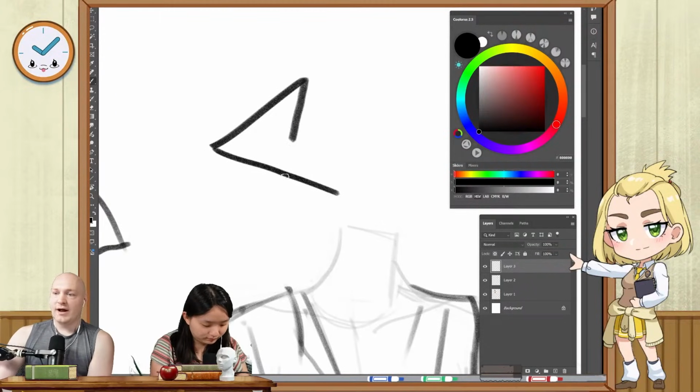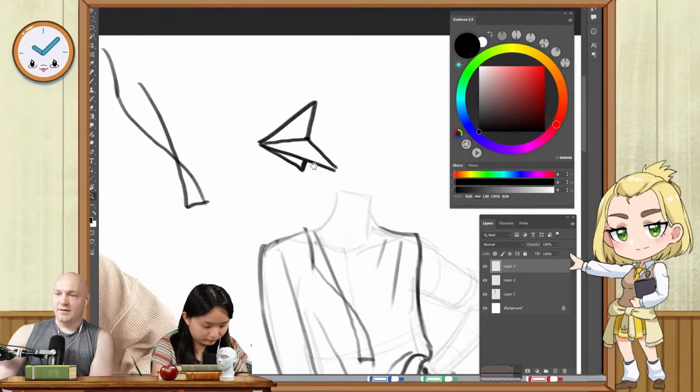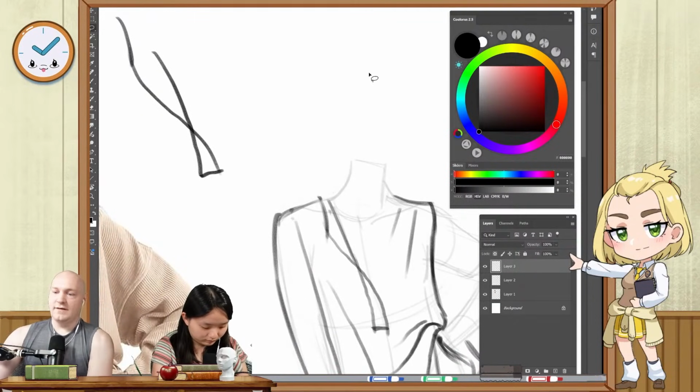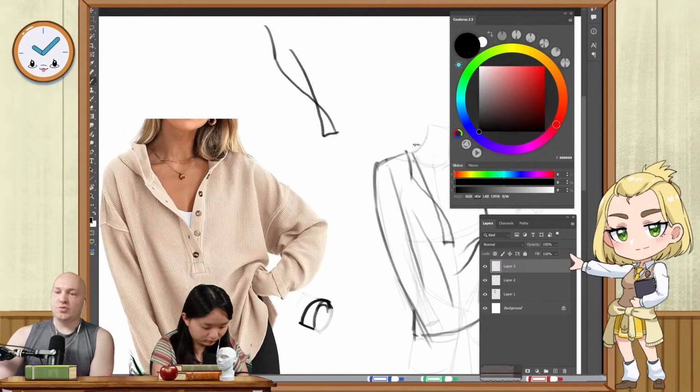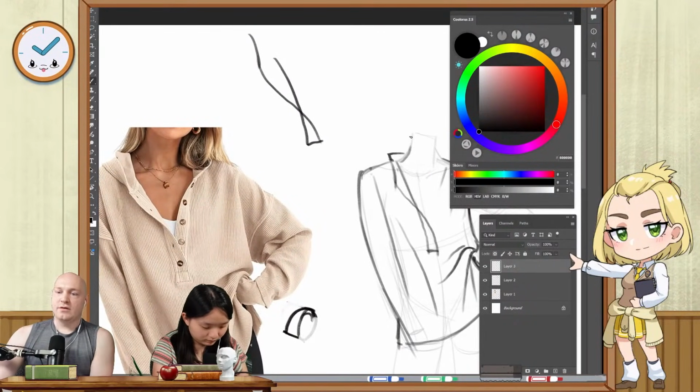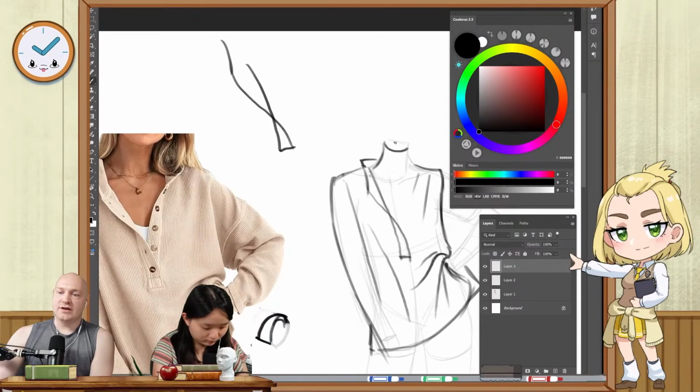If I told you to draw another line, you could do it 100%. And another line, you could do it 100%. And so you could make, I don't know, maybe a paper airplane or something. A lot of these things you can do. It's just being able to see them and identify which ones to do in which order is really important. And what function they actually have.